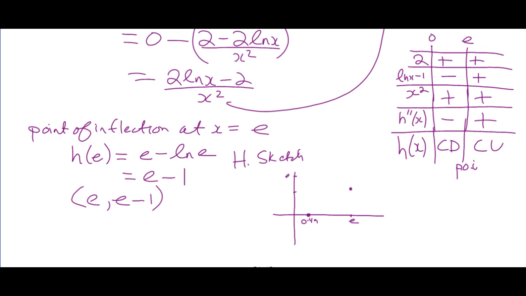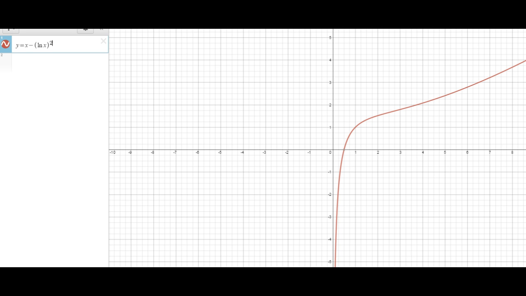So we are concave down, and we have the vertical asymptote, which is here. And we're concave down to e, and then we're concave up. I don't know if that quite goes that high. So we should have 0.49 or 0.495 apparently.